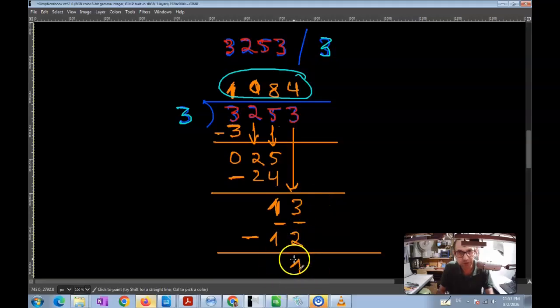Now when you get a remainder of anything other than 0, that means the number that you want to divide by the other number is not divisible by it, meaning it doesn't go evenly into that number. There is some remainder, right? If you divide a number by some other number and the remainder is 0, then that number is exactly divisible by the other number.